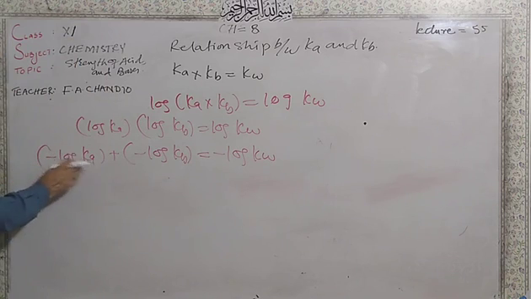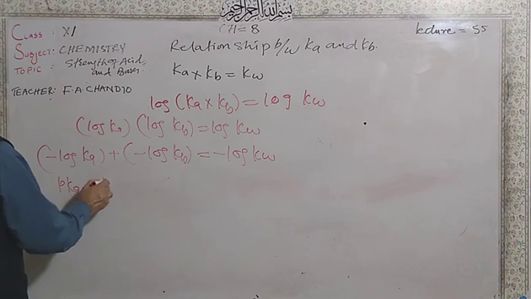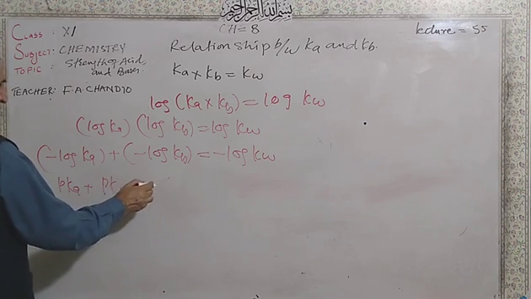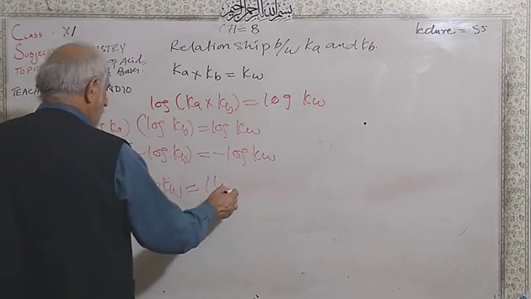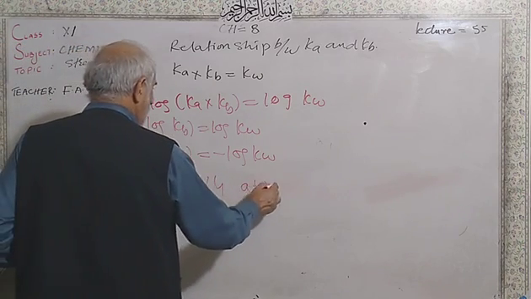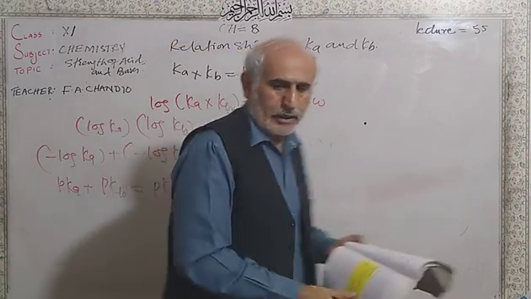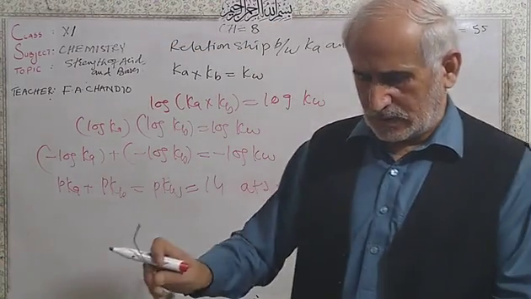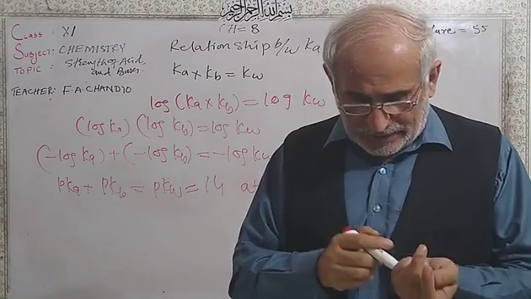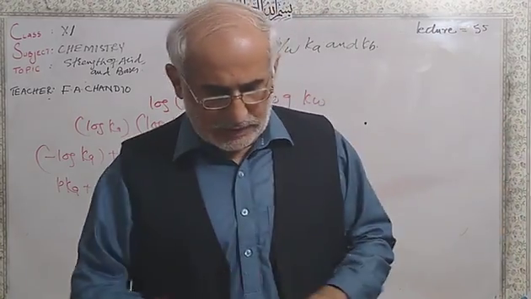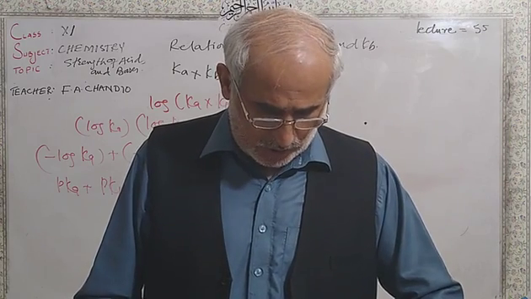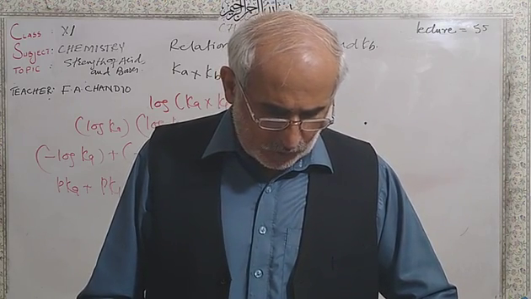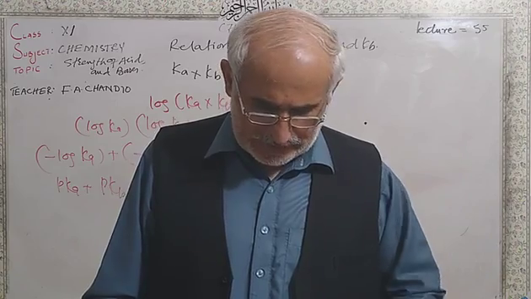The negative logarithm of K is pK, so this is pKa, this is pKb, and this is pKw, which is always equal to 14 at 25 degrees Celsius. This is another formula you have: pKa plus pKb is equal to 14 at 25 degrees Celsius.